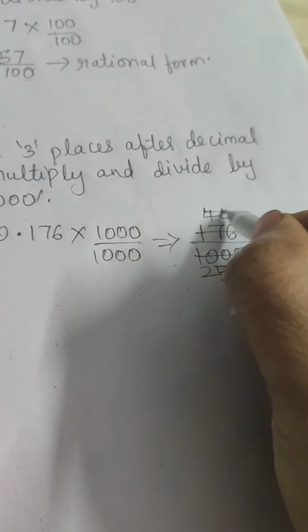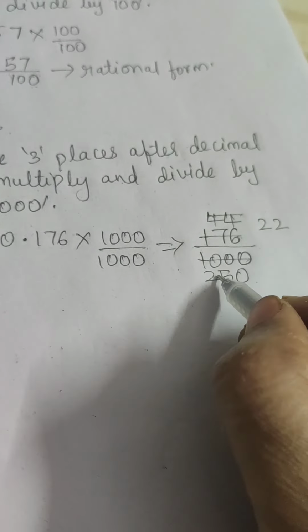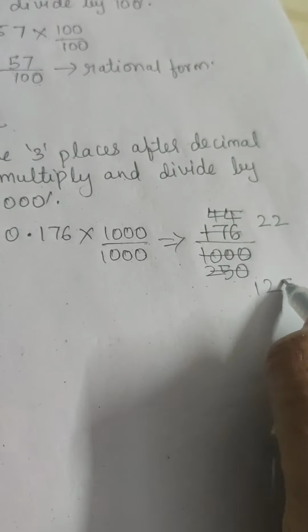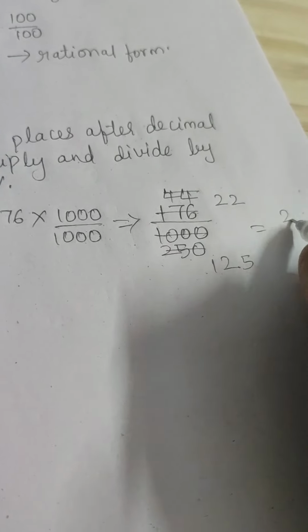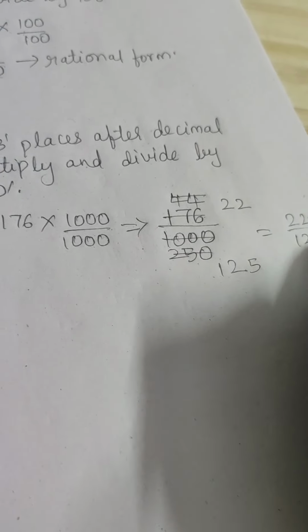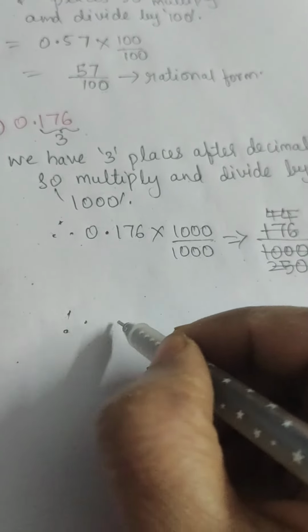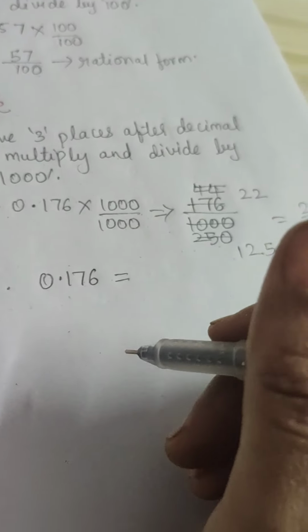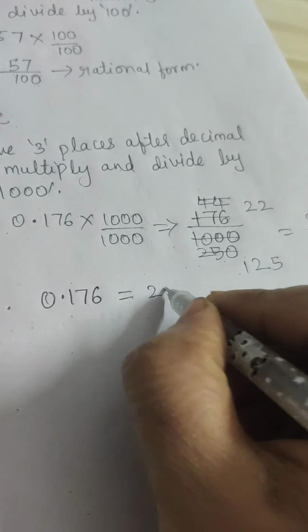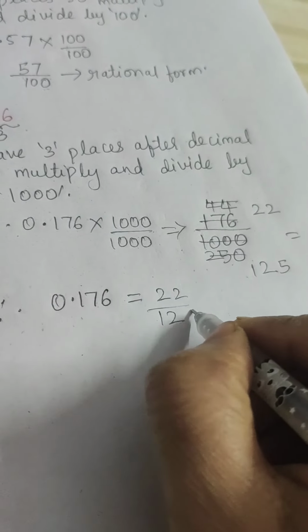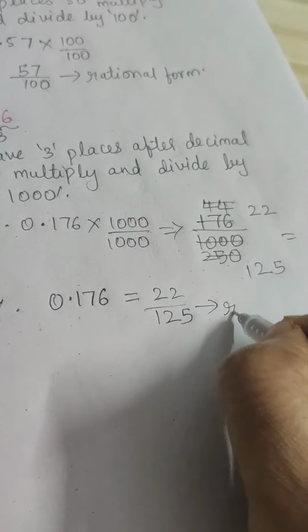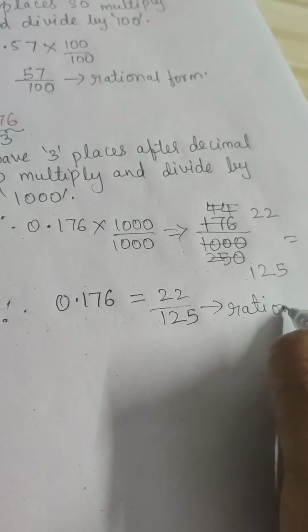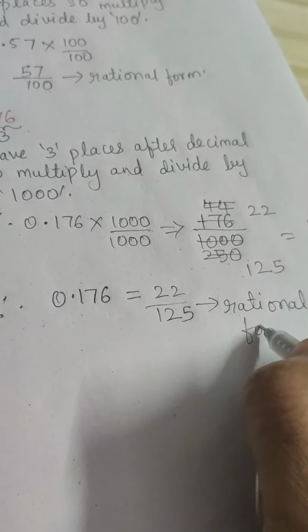Again we can cancel by 2, 2 2s are 2, 2 1s are 2, 2 5s are. The final value becomes 22 by 125. Therefore the decimal number 0.176 is converted into the rational number 22 by 125. This is the rational form.